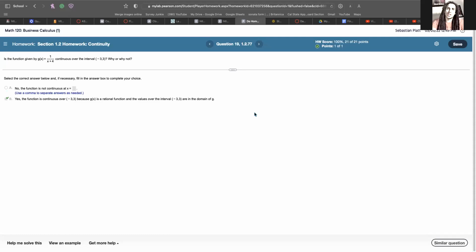So yes, the function is continuous over -3, 3, because g of x is a rational function and the values over the interval -3, 3 are in the domain of g. If this was -4, 4, the answer would be no, because this would be undefined.